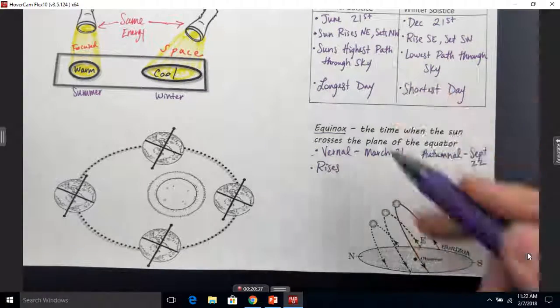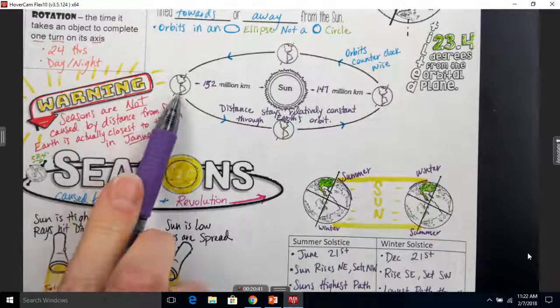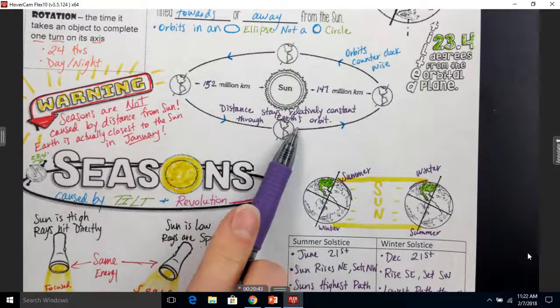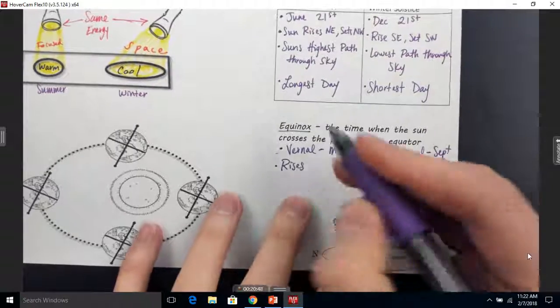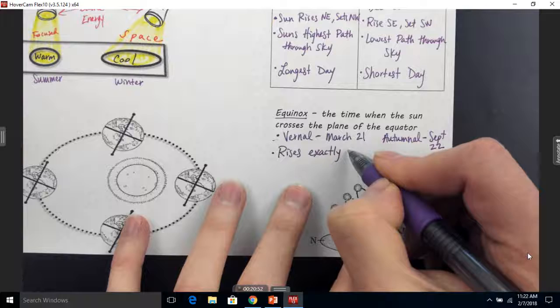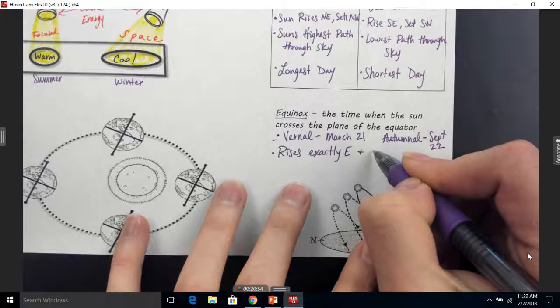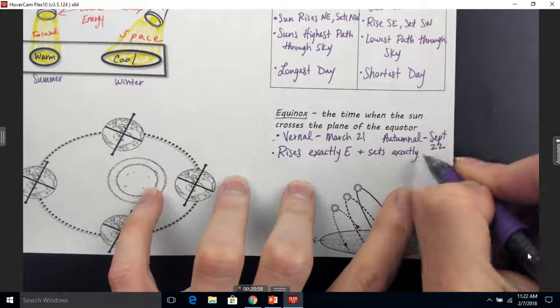They're all the 21st except September's the 22nd, and I think it's because it's coming off of this longer distance. The sun rises exactly east and sets exactly west.